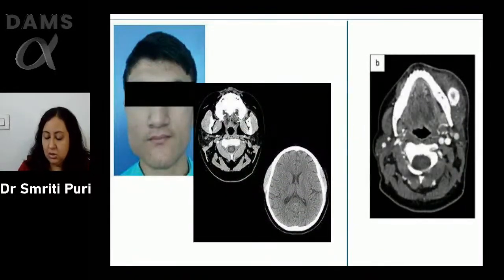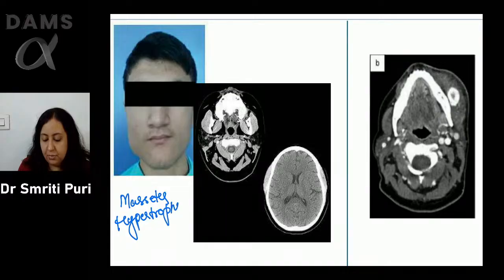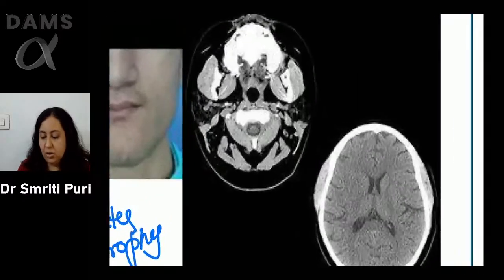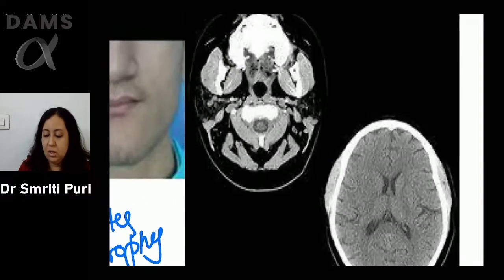Okay. If you see the first one, this is benign masseter hypertrophy. Okay, I am going to zoom out. If you see, this is your masseter muscle. This is your mandible.